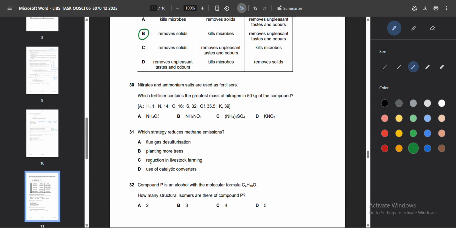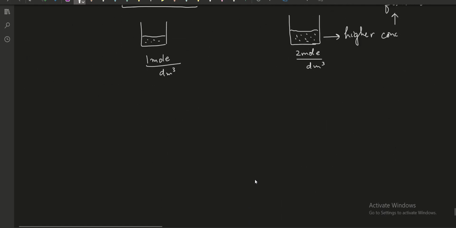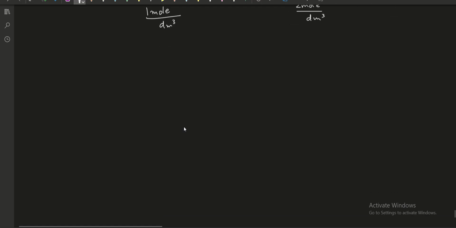Okay. Next one is, nitrates and ammonium salts are used as fertilizer. Which fertilizer contains the greatest mass of nitrogen in 50 kg of the compound? Ammonium chloride, ammonium nitrate, ammonium sulfate, and KNO3. Here you have NH4Cl.